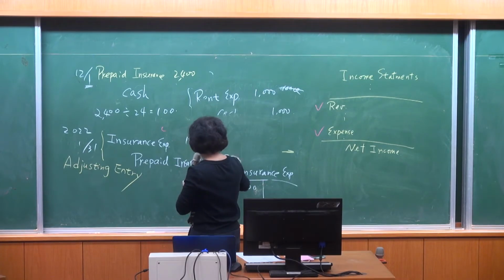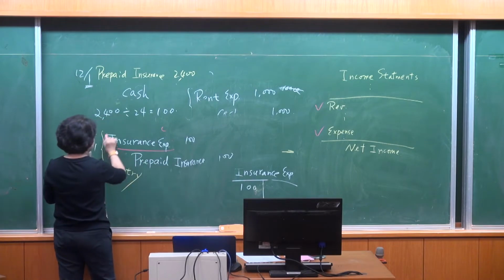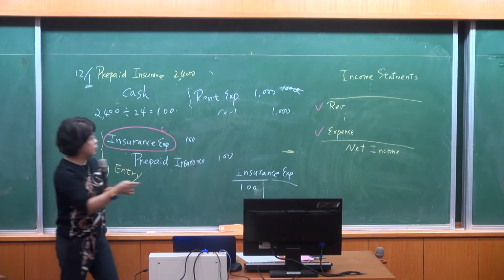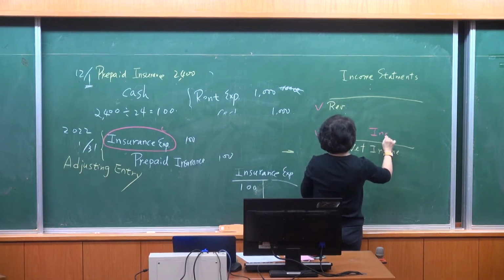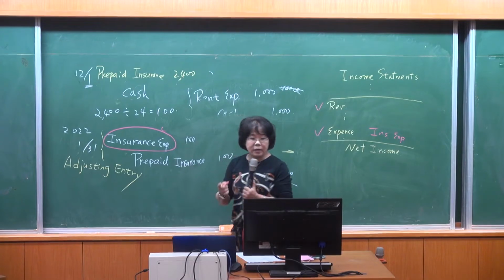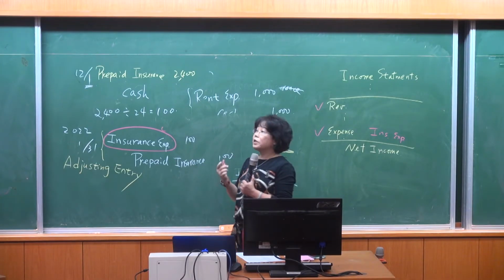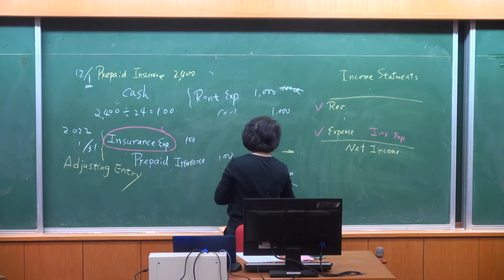This is an adjusting entry. This one, insurance expense, belongs to the income statement. So one goes to the income statement, and another one goes to one or more balance sheet accounts. What is the balance sheet? Balance sheet means 资产负债表.